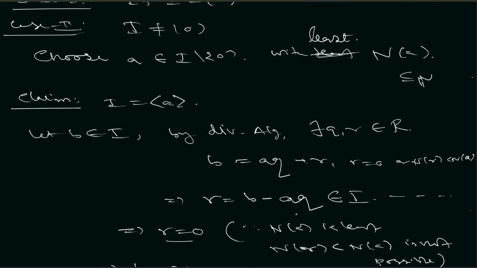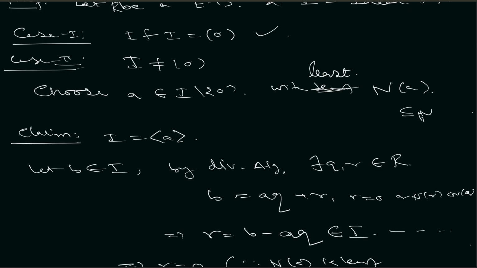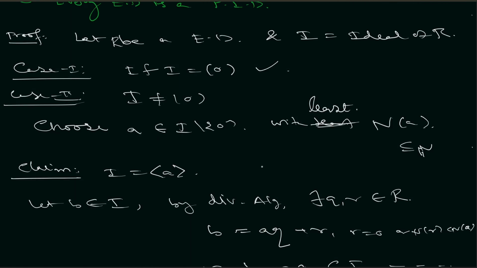Let me summarize the proof. I am claiming that R is a Euclidean domain and I is an ideal of R. Suppose I is the zero ideal, so I have nothing to prove. Suppose I is a non-zero ideal. I have to show that every ideal of this ring is generated by some single element.